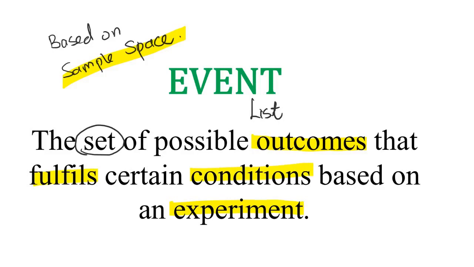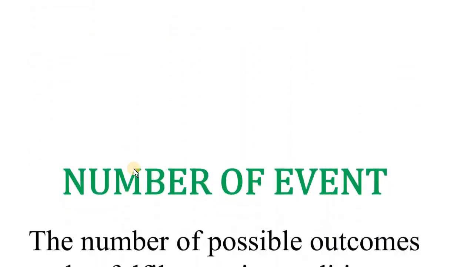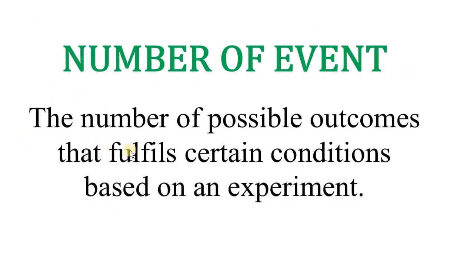Okay, and then if I ask how many outcome from the sample space is fulfill the condition, so there is a number of sample space. Okay, that means I want you to state the number of sample space. So how many outcome based on the sample space fulfill the certain condition? That is number of sample space.